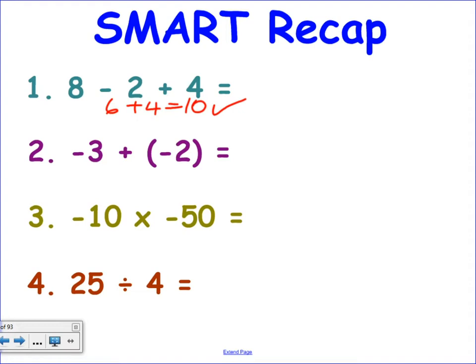Let's look at the next one. What's this one all about? Why did I give you that one? What did we do last week? Positives and negatives. Good, it's the sign rule. And we had a process for dealing with the sign rule when we were adding. Can anyone remember what step 1 was?